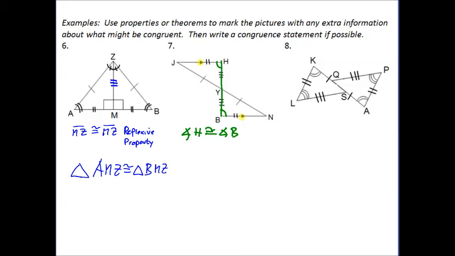and we are in luck and we have another transversal, and this other transversal allows us to conclude that angle J and angle N are congruent. Angle J is congruent to angle N, and both of those findings were based on the alternate interior angle theorem.